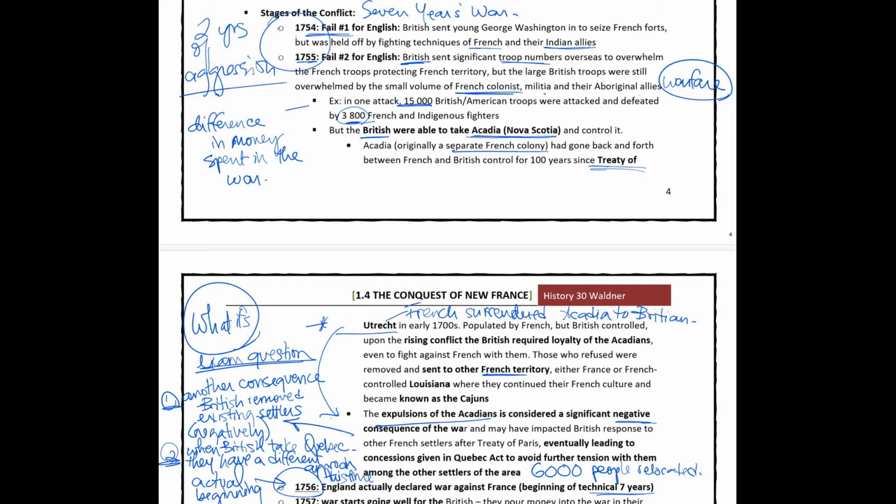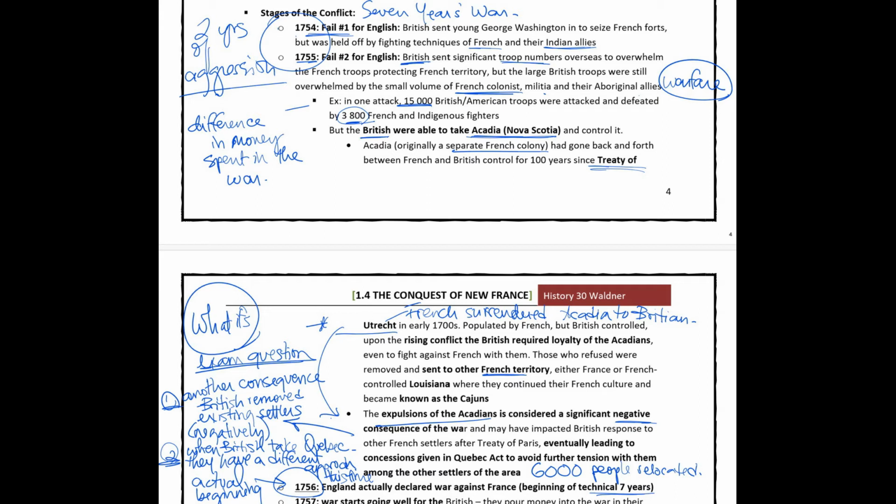And I have this bolded because this is the actual beginning of the war. So your actual numbers are 1756, okay? But you've got 2 years of aggression. And like we said, it's in that territory just west of those 13 colonies, right? In that Ohio River Valley.